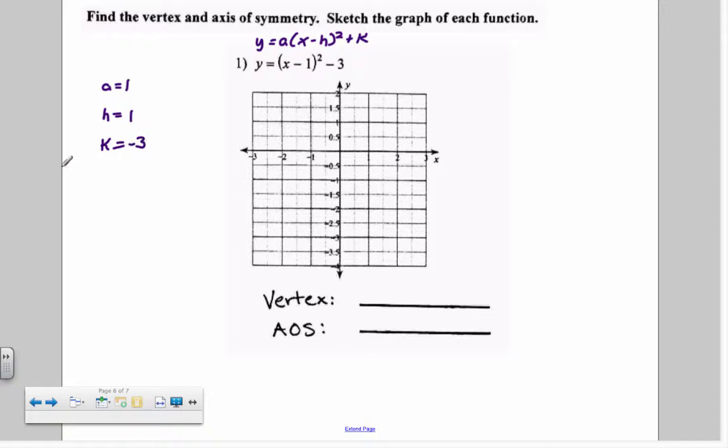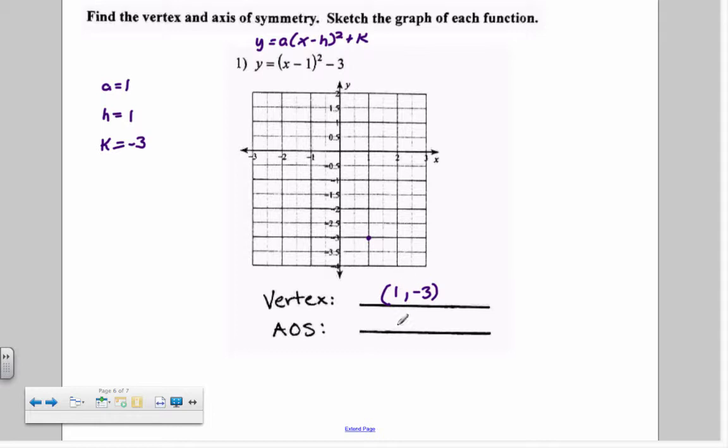So my vertex, just like for absolute value, is h comma k, so my vertex here is 1 comma negative 3. And I can go ahead and graph that right away. So I'm going to go positive 1, negative 3, and put my point. Now my a is 1, so I know that my graph is facing upward. It also asks me to give the axis of symmetry, so I can do that right away.